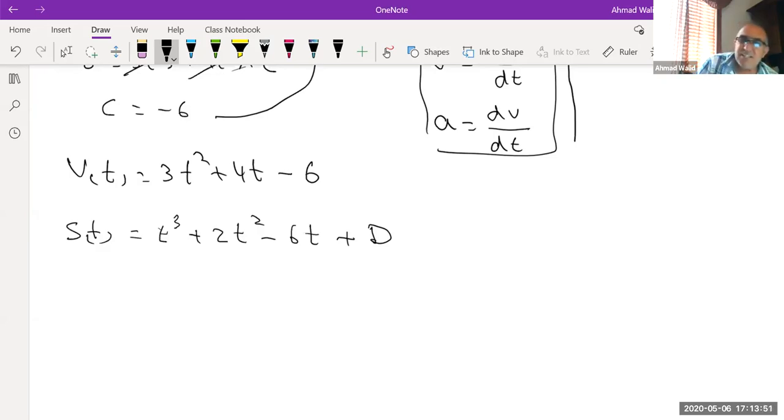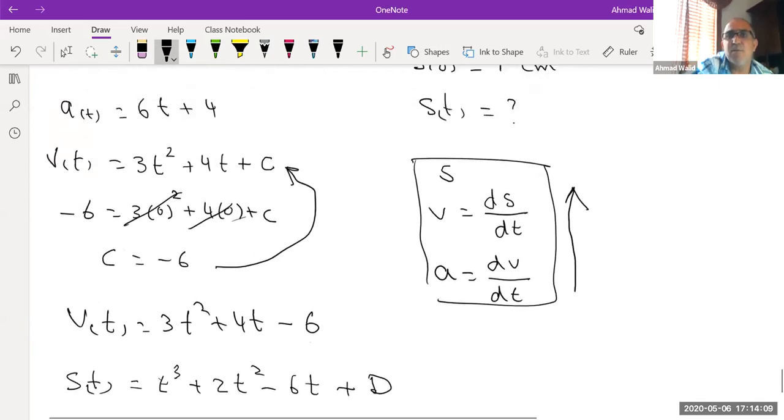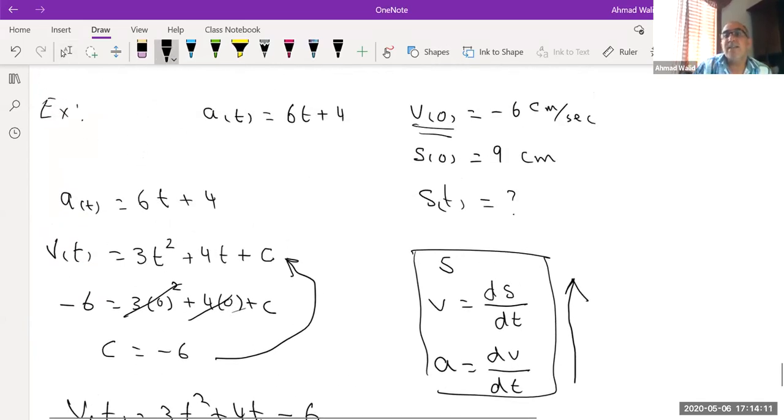The antiderivative of 3t squared: add 1 to the exponent, it gives you 3t cubed over 3, which you cancel 3 with 3, it means t cubed, plus 2t squared minus 6t plus d. Now, look, what else is given in this problem? The initial position, s of 0, is 9.